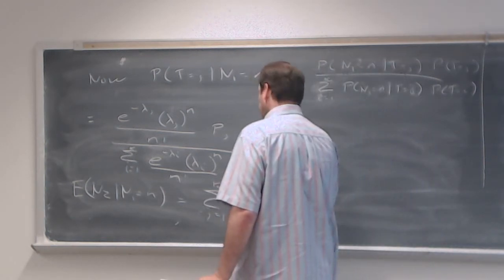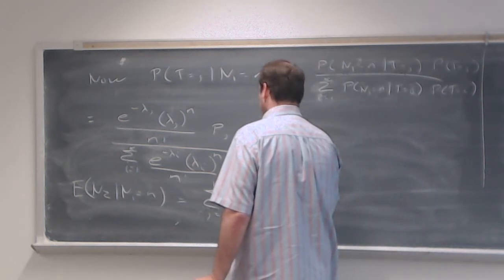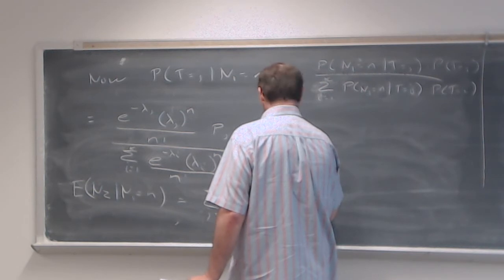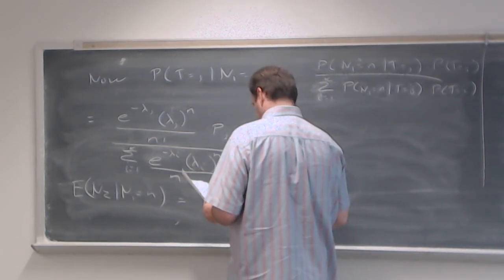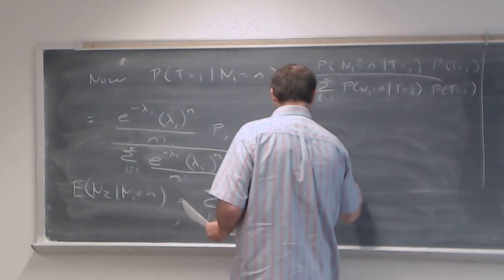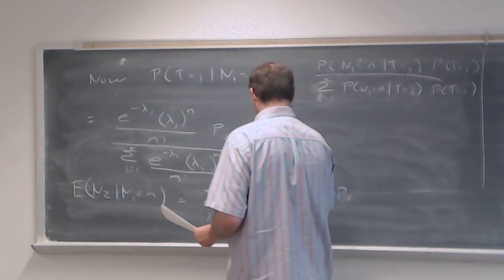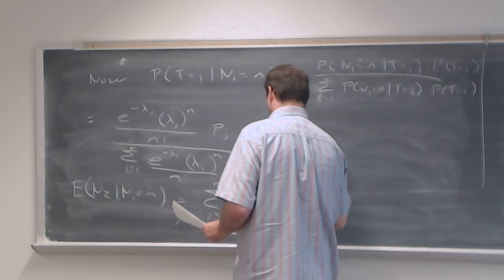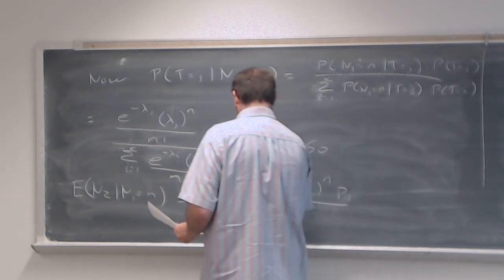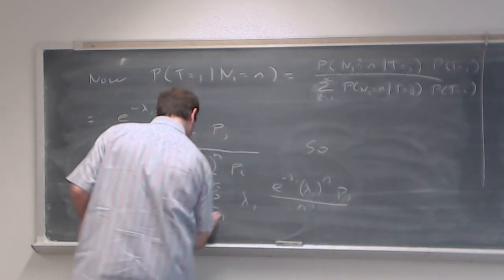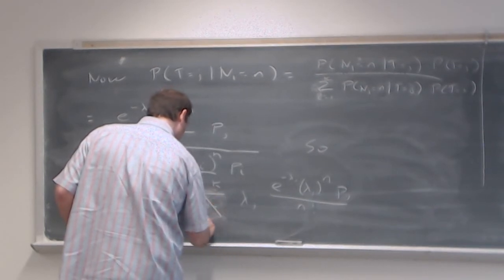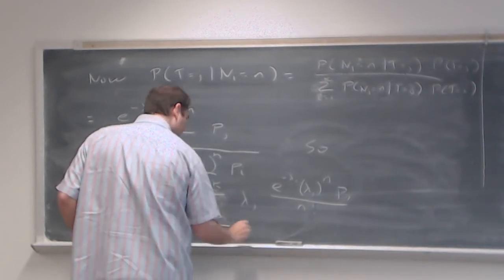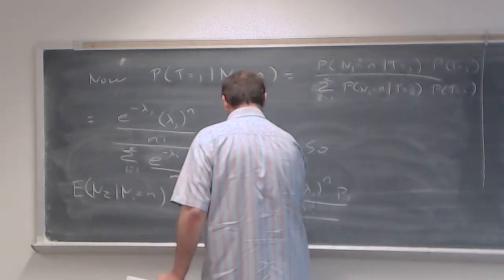So this is e to the minus lambda sub j, lambda sub j raised to the n, times p sub j, all over n factorial, and that's divided by this sum here.